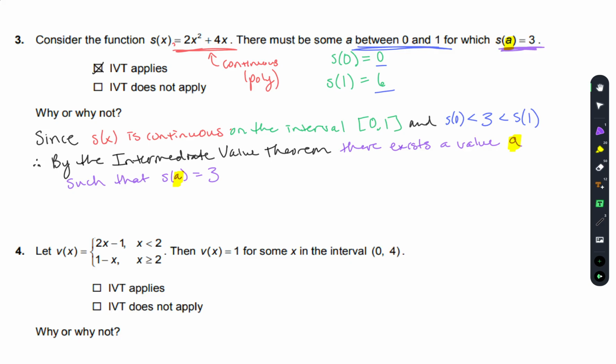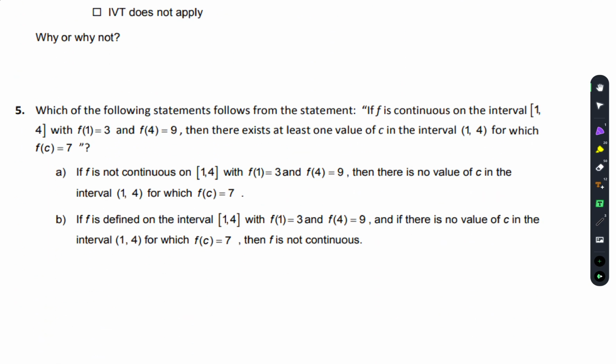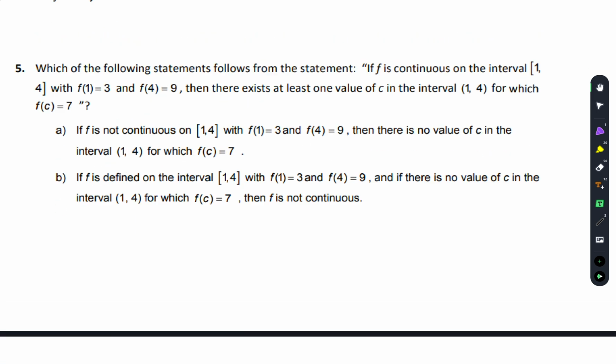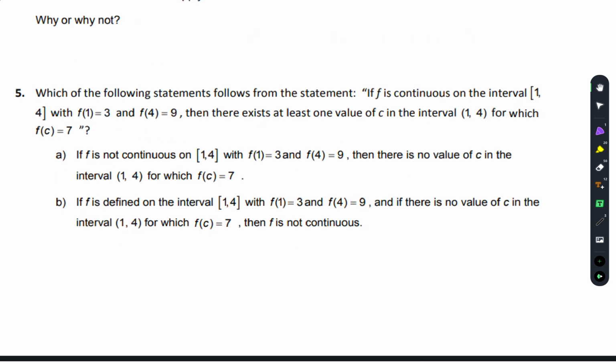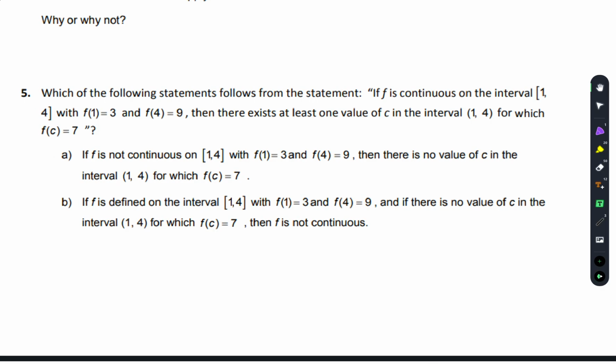Okay, I don't think we need to do that one. Why don't you guys think about this last one? Try to answer those, if that's true or false.